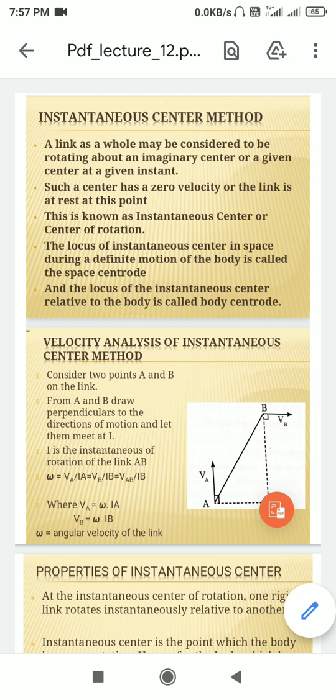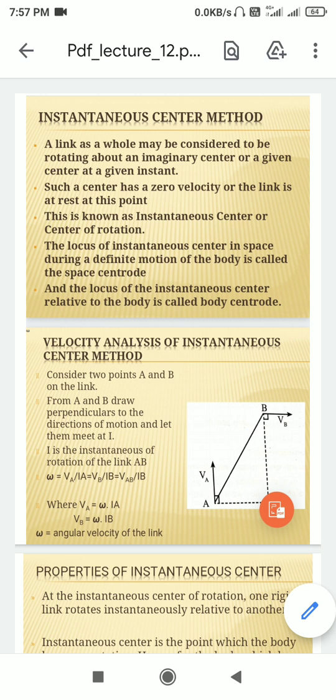Generally, whenever we talk about the instantaneous center in a mechanism, the entire link is supposed to be rotating about an imaginary center, or at any instant it is rotating about a point.